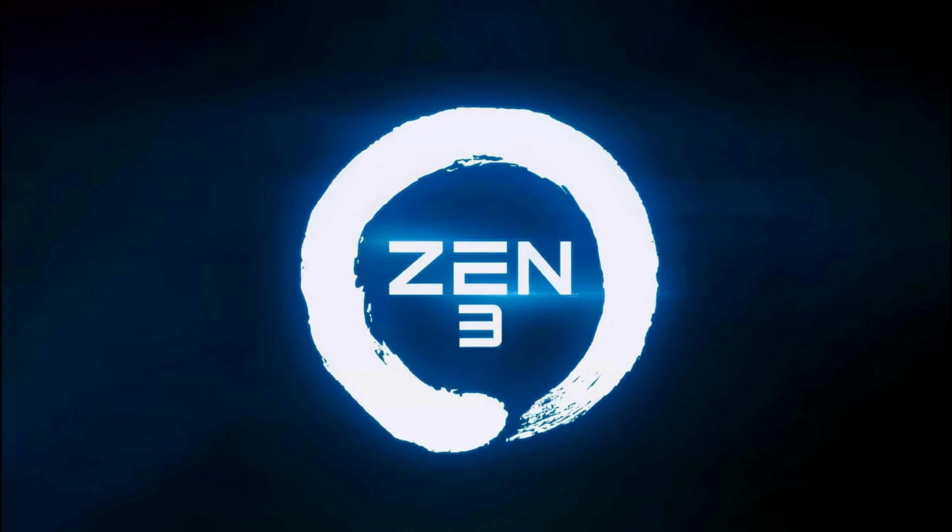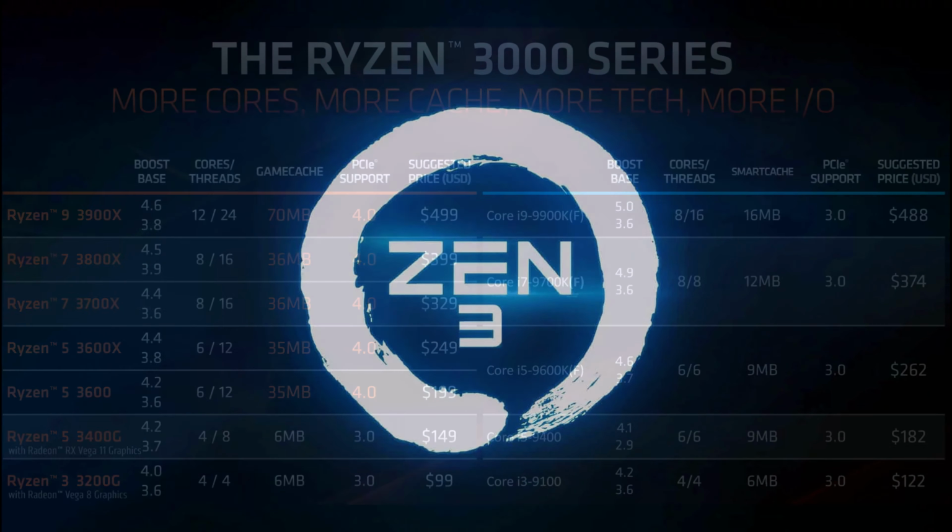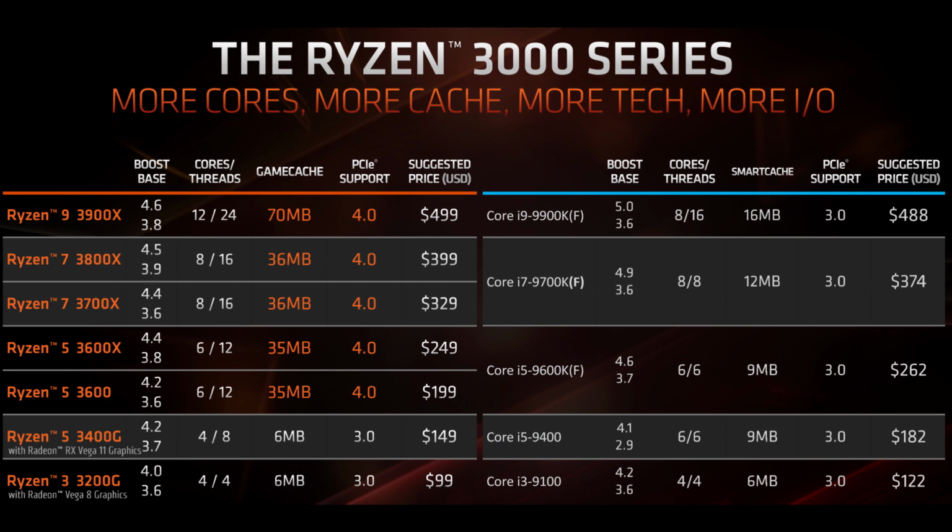We're looking at 27% higher over the 3700X. So if we look at the AMD Ryzen 3700X here, we're looking at a 4.4 gigahertz max boost and a 3.6 gigahertz base, okay? So we can assume somewhere there's a clock increase.